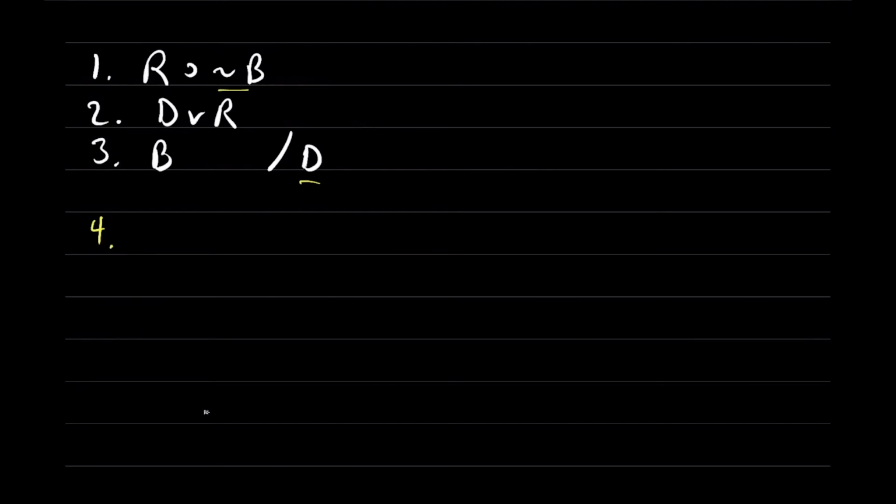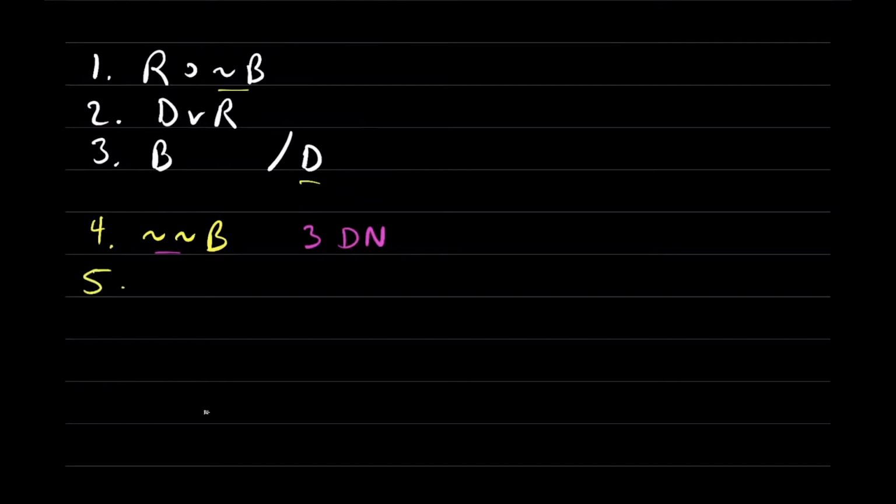We're going to say from line 3, B, we're going to get not not B. And that's going to follow from line 3 by double negation. So we're introducing this double negation for the sake of being able to do a modus tollens step together with line 1.